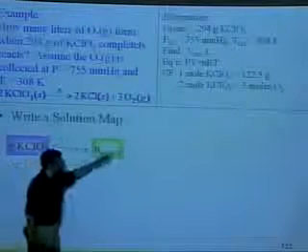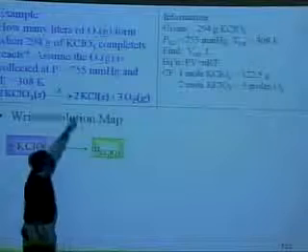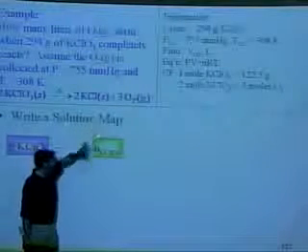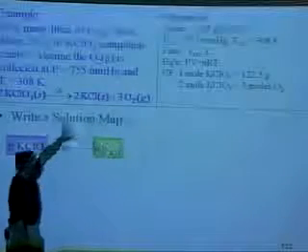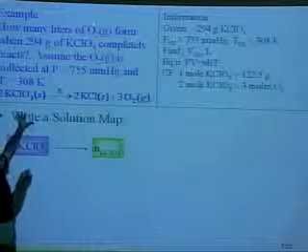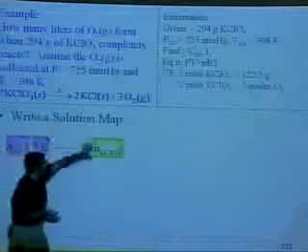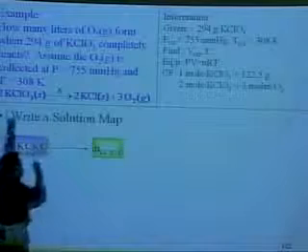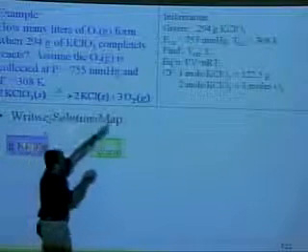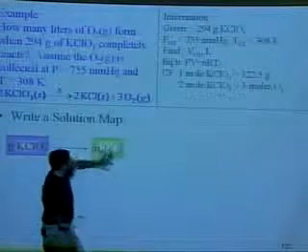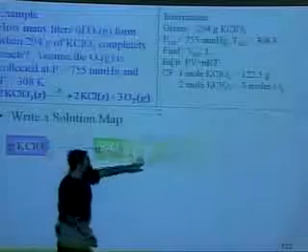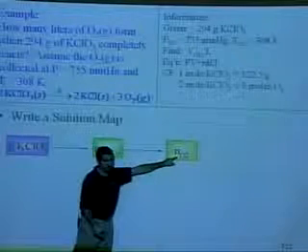So how do I get to oxygen from potassium chlorate? Right there it tells me how to get there. Okay? I know how many moles of this I have. I'm trying to get to oxygen before I can even worry about liters. So I'm at moles of potassium chlorate. I know there's 2 of those for every 3 of those, for example. I can go from moles of potassium chlorate to moles of oxygen, right?